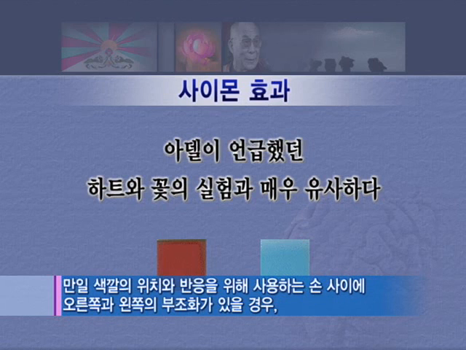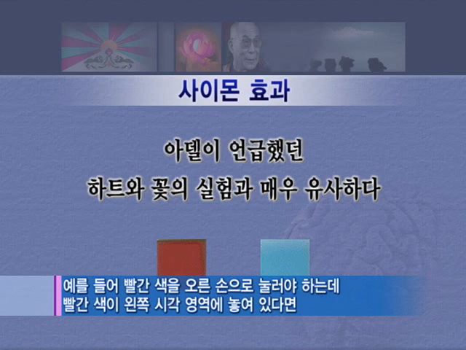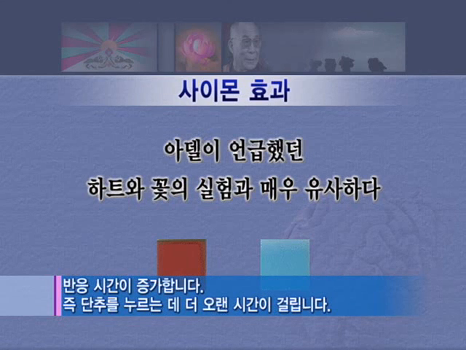But it turns out that if there's an incongruence, a mismatch of the right versus the left between the color location and the hand used to respond, so, for example, if I have to press with the right hand for red, but the red is on the left visual field, then there's increased reaction time. It takes longer for me to push the button.